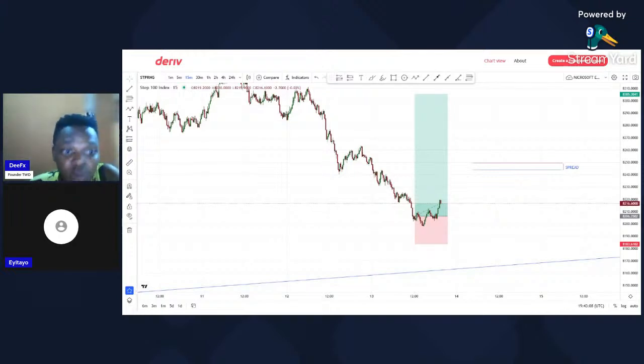Sometimes I use psychological levels, sometimes I use different levels. But for this particular trade right now, for most of my step index, I keep it as simple as this, where I don't have to stress too much, I just go ahead and execute my trades like this. So pretty much that's it, and I'll catch you guys in the next one. All right.